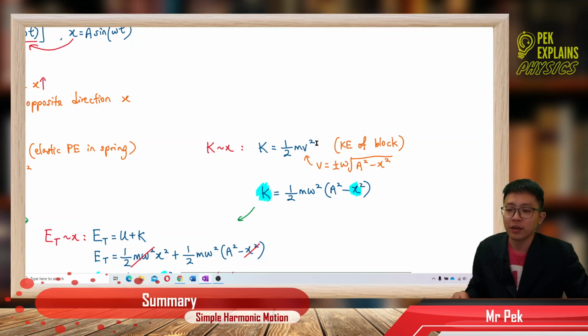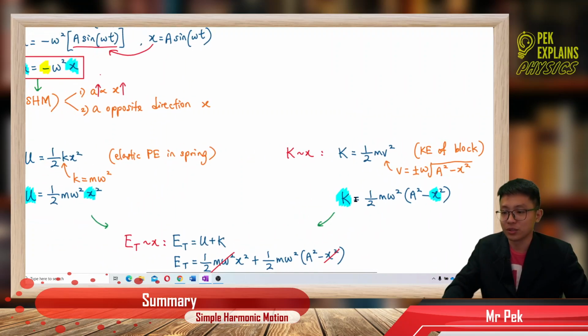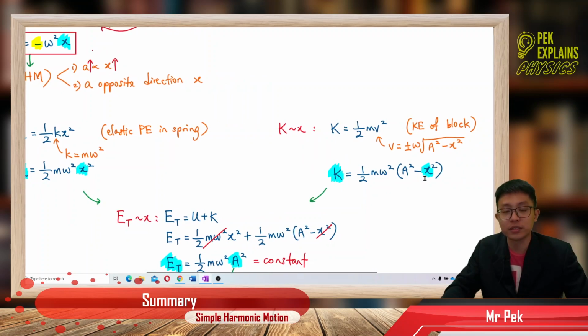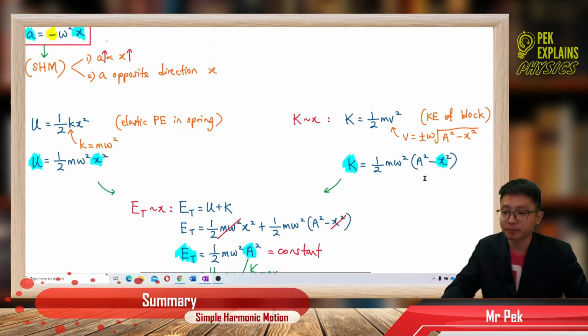The square root is gone. Positive or negative, after you square, the negative also becomes positive, so it is all positive. Here you get the formula between kinetic energy and displacement. So you have the potential energy versus displacement equation, and now the kinetic energy versus displacement equation.